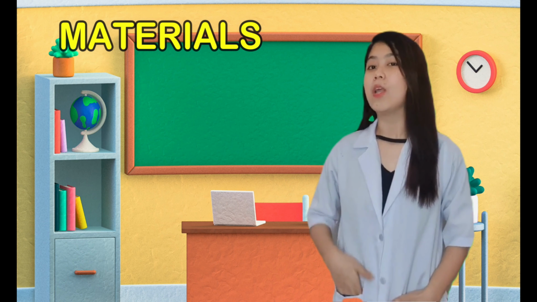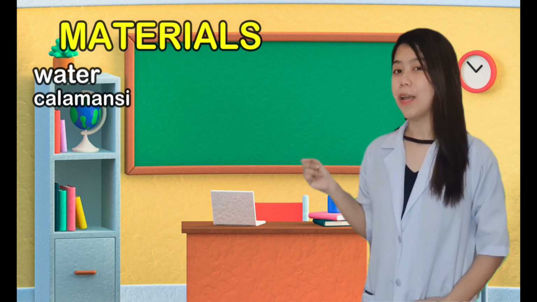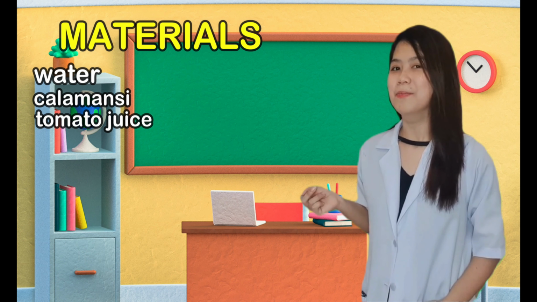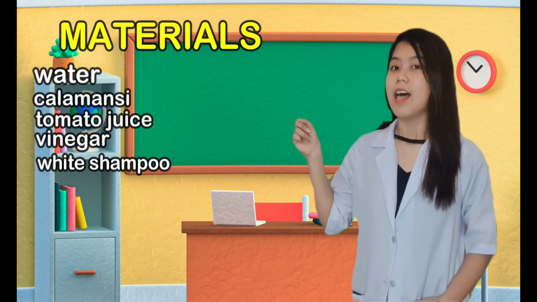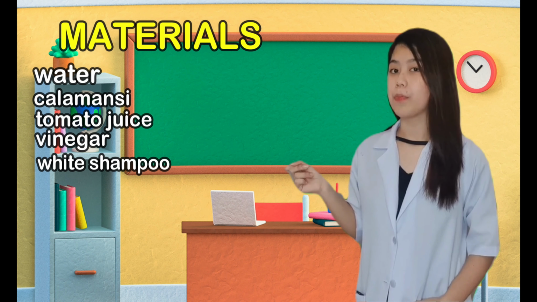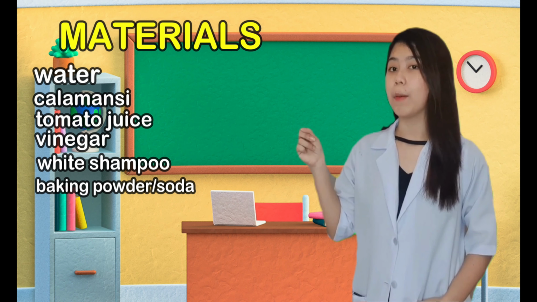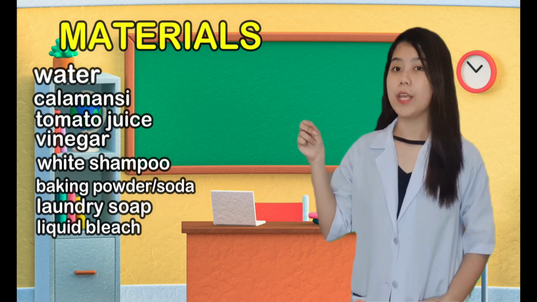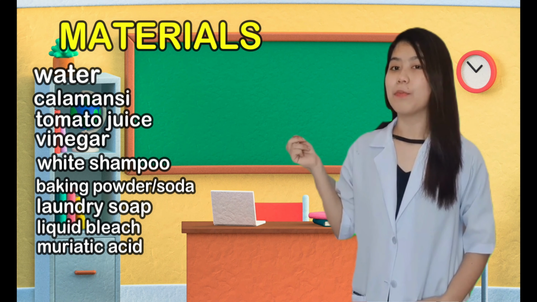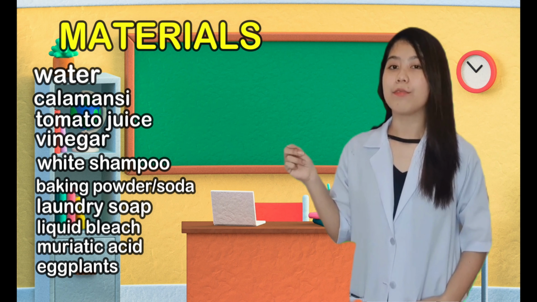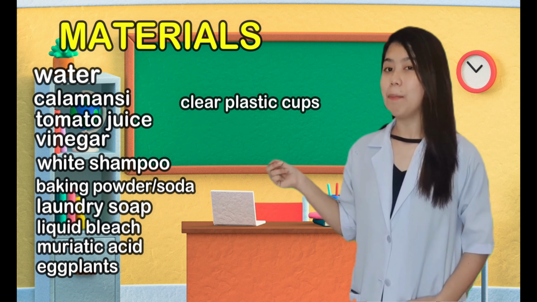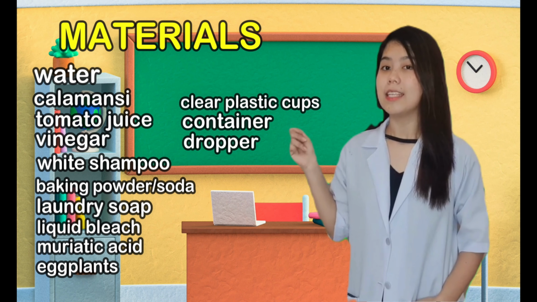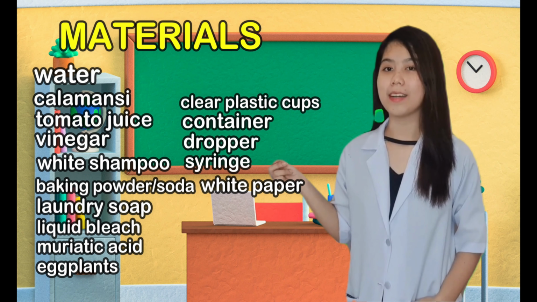For our samples, we will need 1 teaspoon of water, 5 drops of calamansi or lemon juice, 10 drops of freshly squeezed tomato juice, 2 tablespoons of vinegar, 2 drops of colorless or white shampoo, 1½ teaspoon of baking powder or baking soda, 1/8 teaspoon of laundry soap, 5 drops of liquid bleach, 3 drops of muriatic acid, 2 eggplants for our pH indicator, clear plastic cups, heat-resistant container, dropper, 10 ml syringe, and white paper.